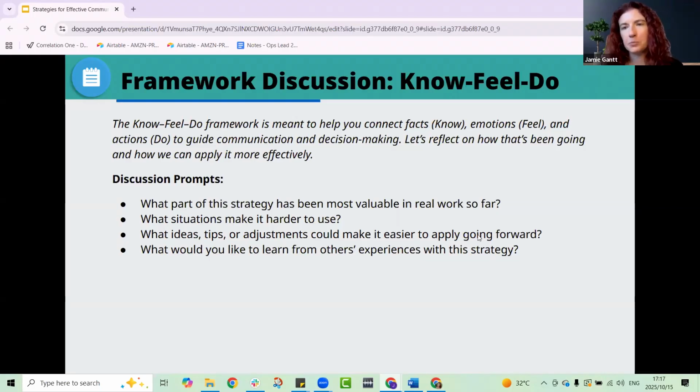What do you think? I see someone is typing. I'll just leave a little bit more space for this because I see someone's typing.